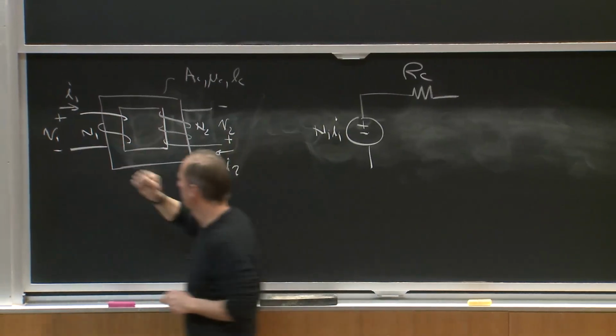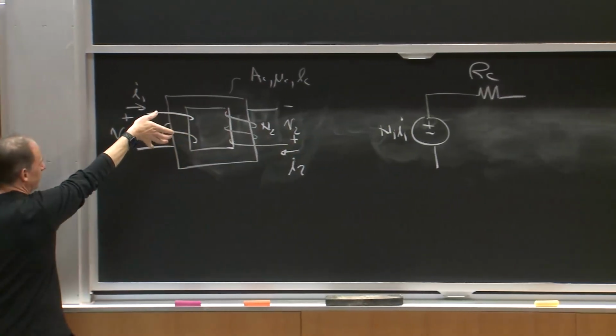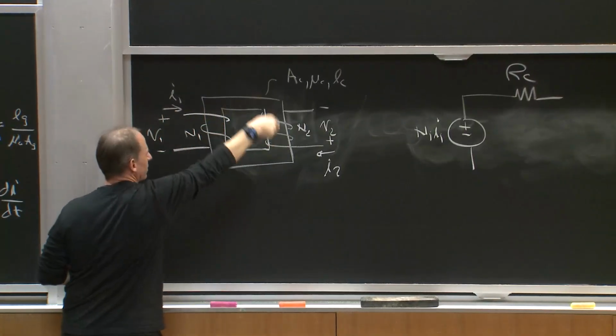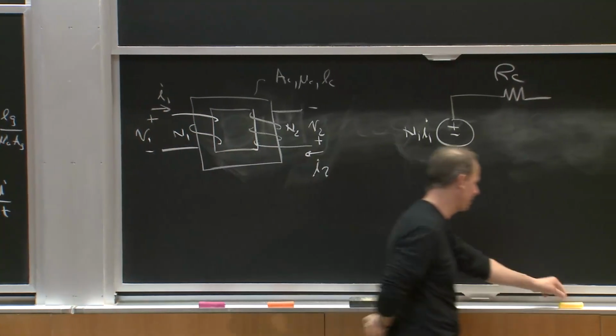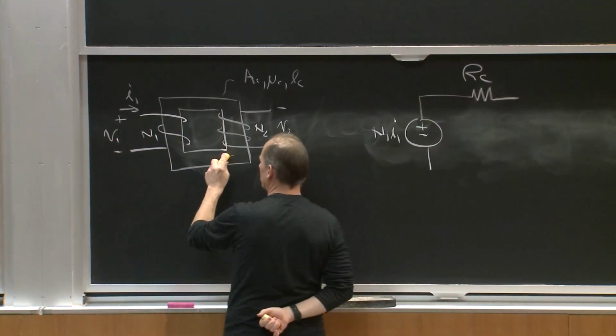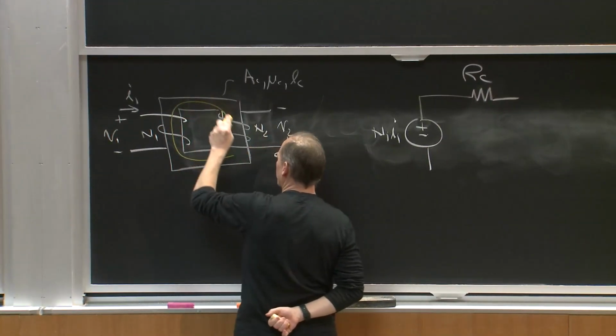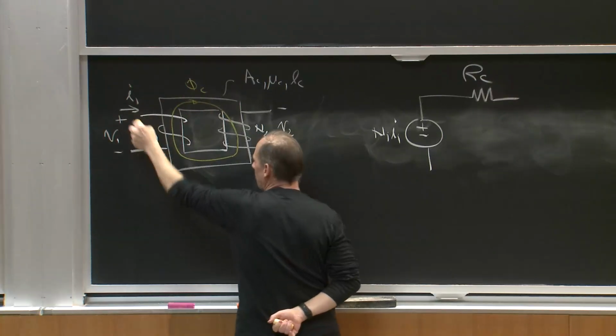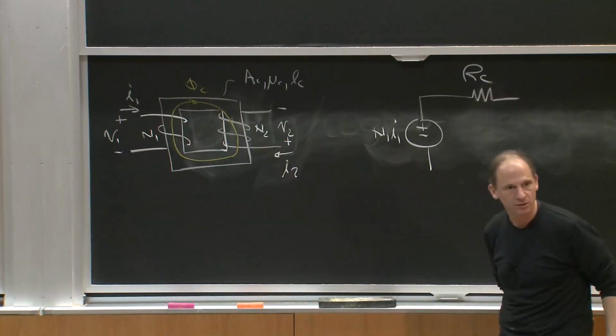And in this case, if I have a positive current into the winding, by the right-hand rule, it's trying to push flux clockwise around the core, right? So I could imagine some core flux being driven this way, phi core, from a positive current I1 here.